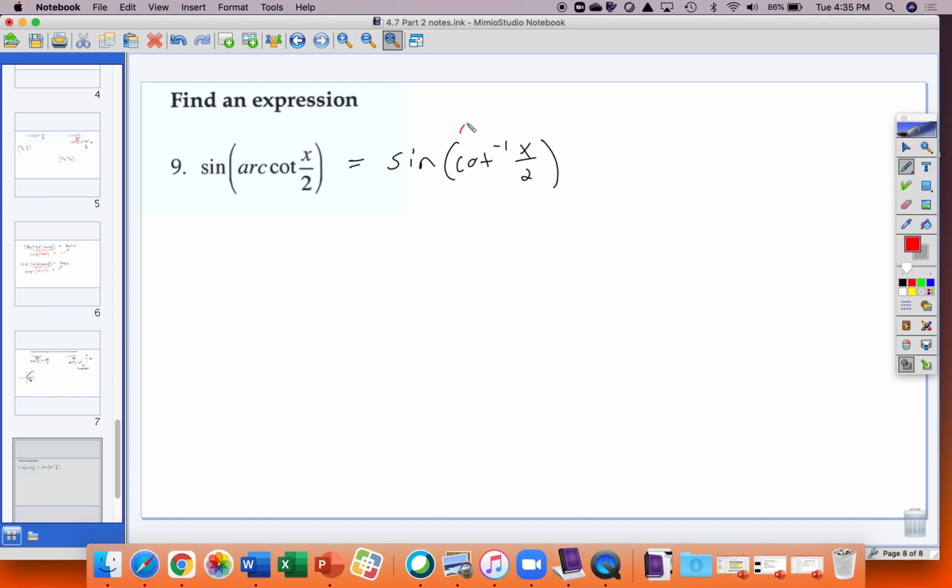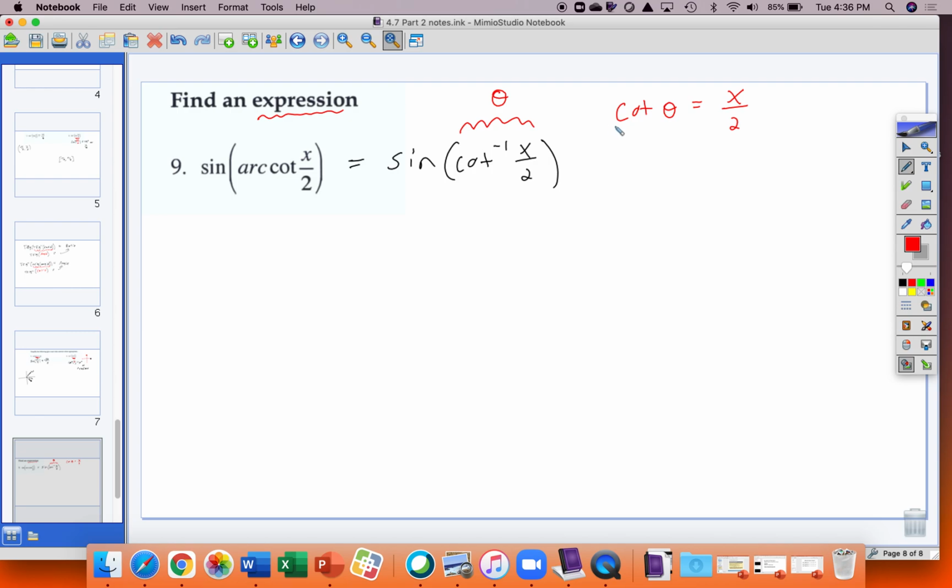This right here represents an angle that we'll call theta. And what this is saying is that the cotangent of some angle theta is equal to x over 2. Our answer is going to be an expression, meaning x is going to be in our answer, and that's okay.